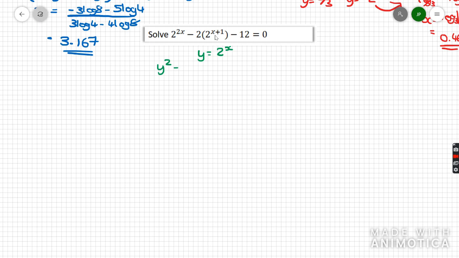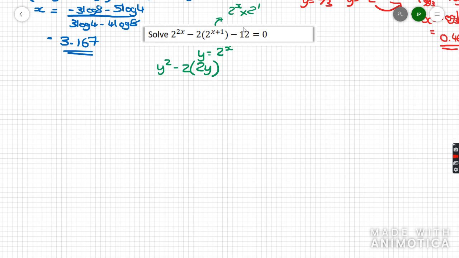I'm going to separate that, and I'm going to say that is 2 to the x times 2 to the 1. Basic index laws. So what that ends up meaning is that's going to be minus 2 lots of 2 to the x, which is now y times 2. So that's 2y.